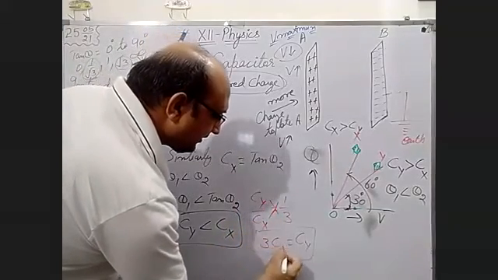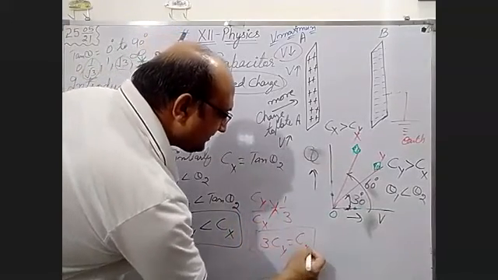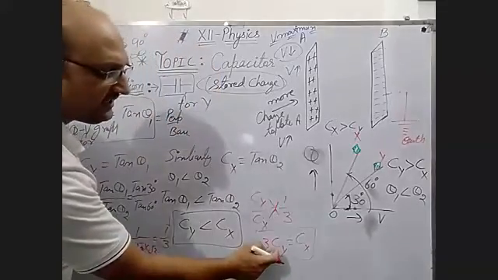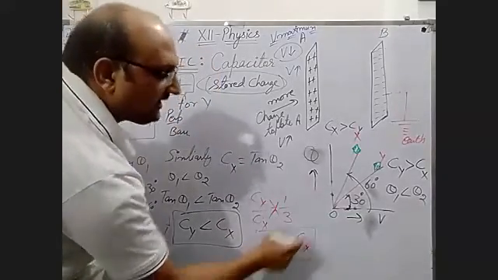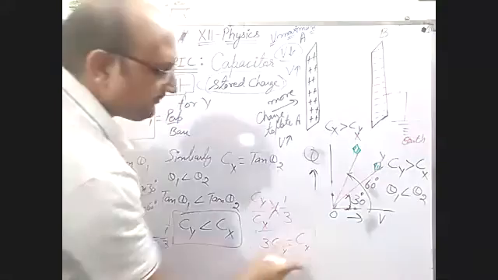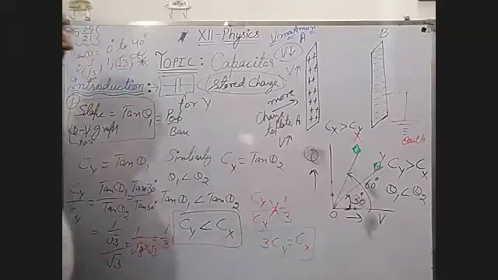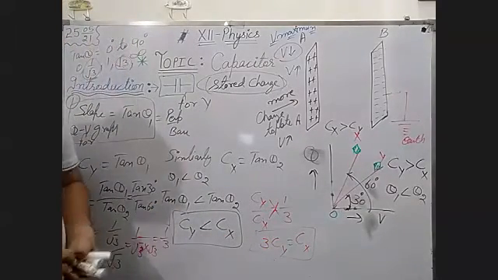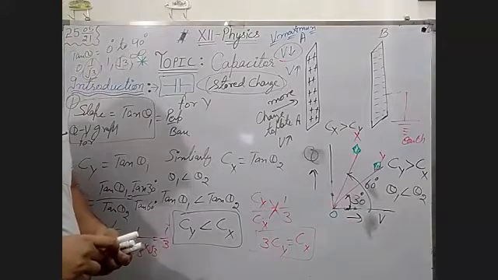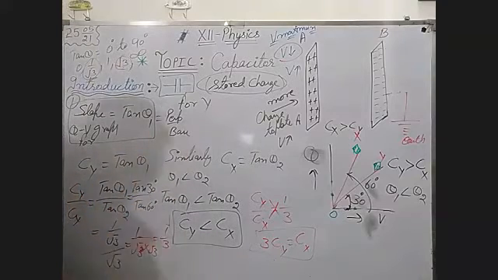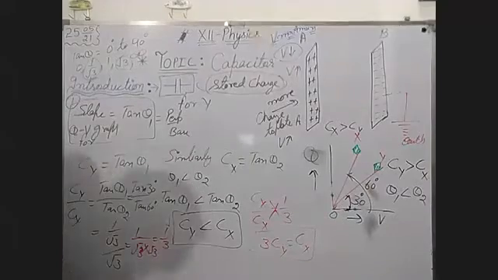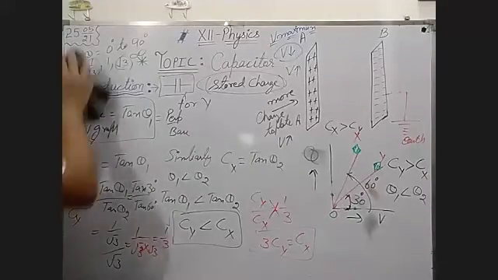Okay. 3 times of value of Cy gives you the value of Cx. In this way, you can see this thing. Cx is 3 times greater than Cy. Okay, I hope you are getting my point. How you can solve these type of numericals in board examinations.